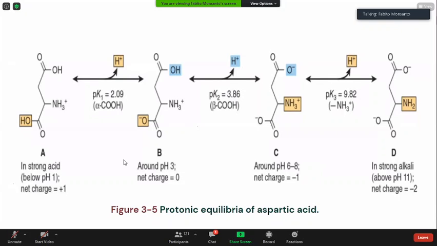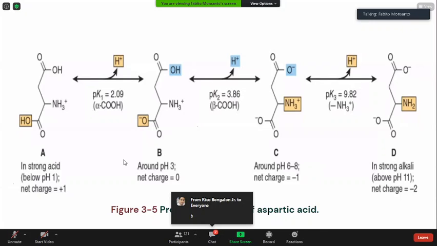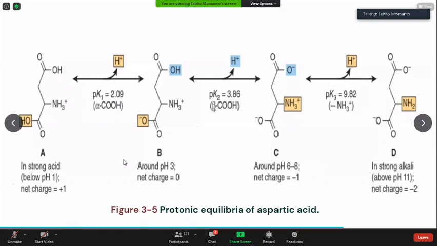A, B, C, D. B. Because it's zero charge. No charge at all, because positive cancels the negative. So that's the pI.